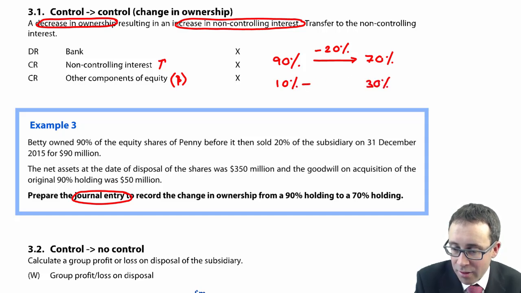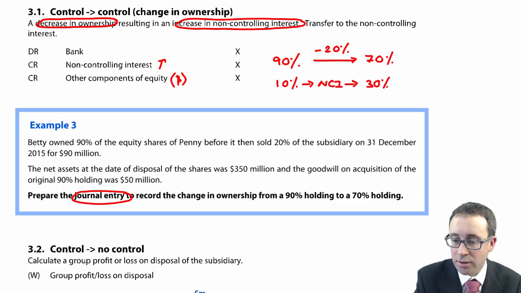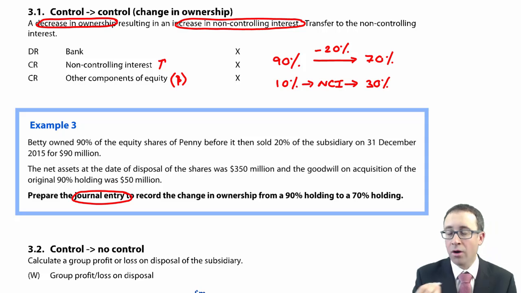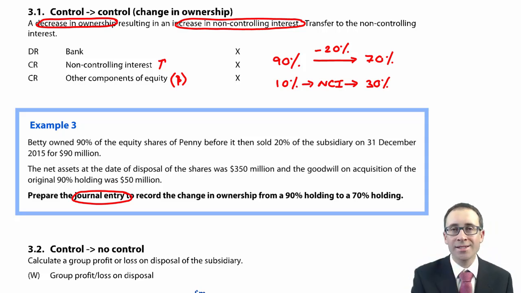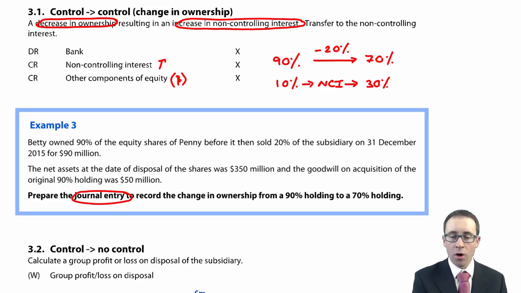We now have a 30% non-controlling interest. So the non-controlling interest owned 20% more of the assets and liabilities and 20% more of the goodwill. Okay, so in order to work out the change in ownership, we need to work out what the assets and liabilities are, what the goodwill is, and apply that 20% to it.